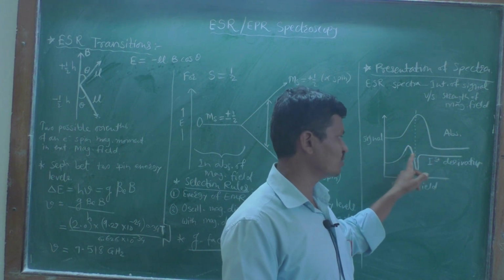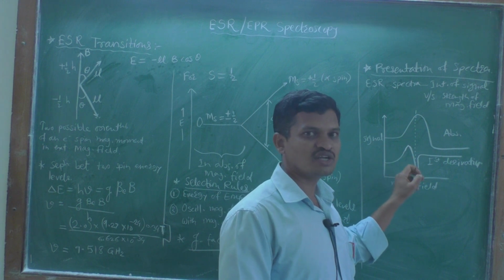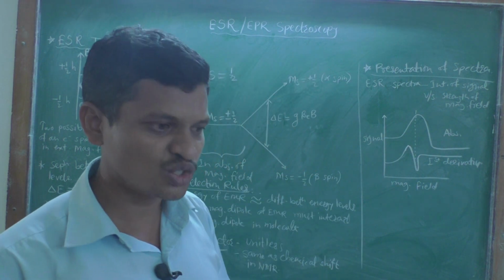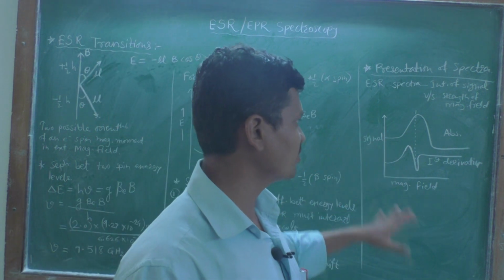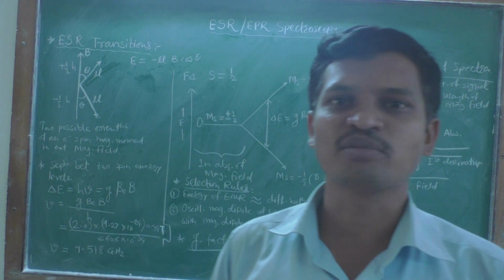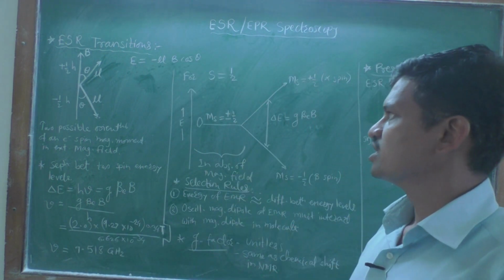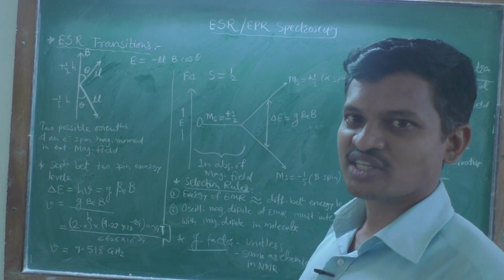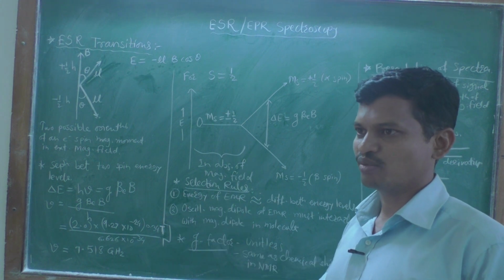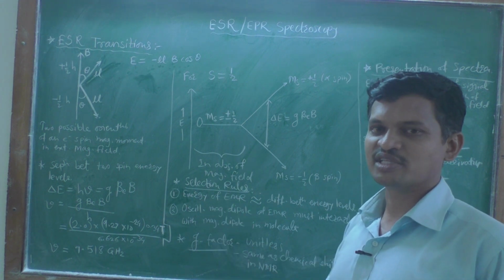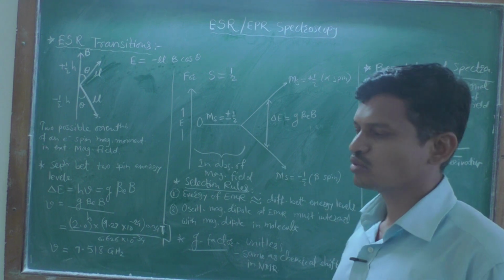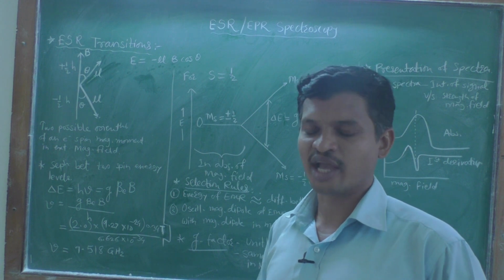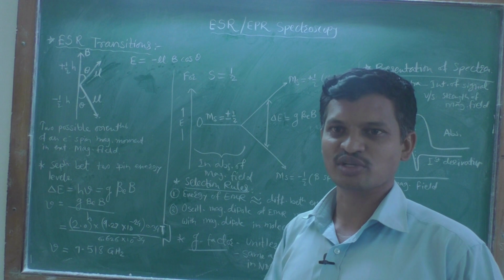The first derivative curves are sharp in nature, so nowadays ESR spectra are presented as the first derivative of the absorption curves. So this is all about how ESR transitions take place, the different selection rules, how the magnetic moment splits in the presence of a magnetic field, and how the ESR spectrum is presented.